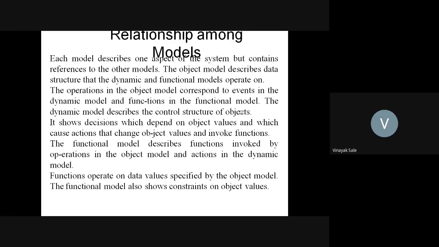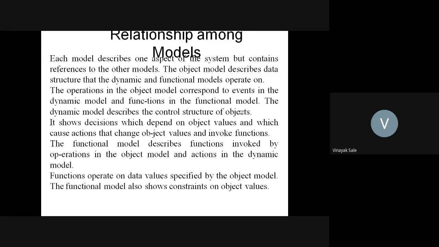So, what is the relationship among these models? Each model describes one aspect of a system but contains references to other models. The object model describes the data structure that the dynamic and functional models operate on.